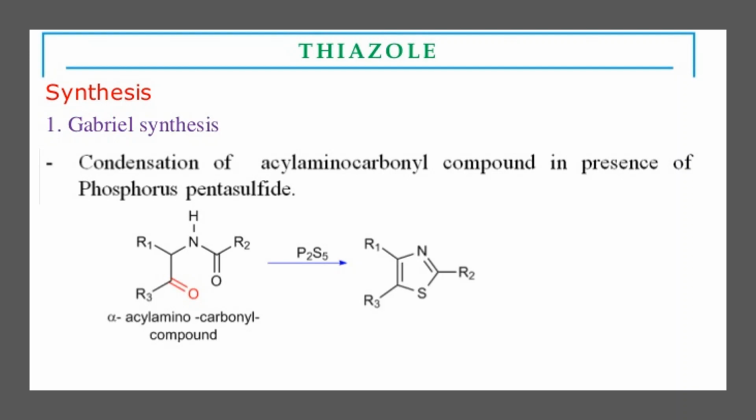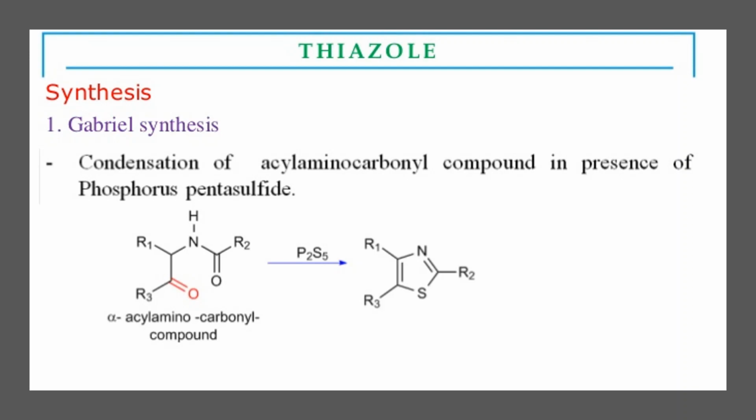Synthesis. Let's go for the synthesis. So what is the first? Gabriel synthesis. So what is Gabriel synthesis? It's a condensation of an acyl amino carbonyl compound. What do you mean by acyl amino carbonyl compound? You get an acyl group, that is C double bond O, which is connected to an amino group.